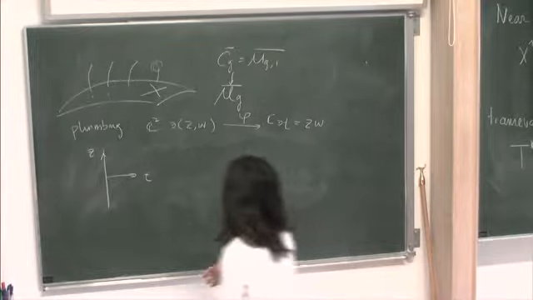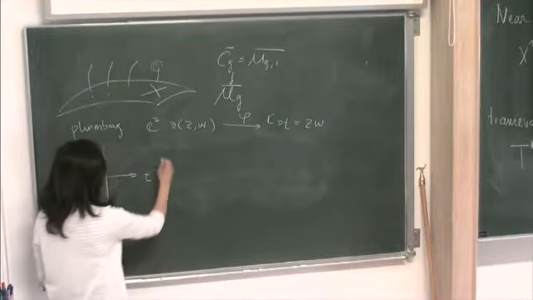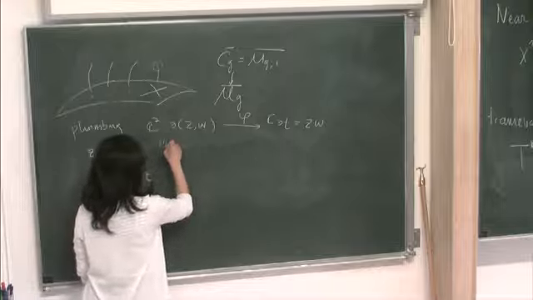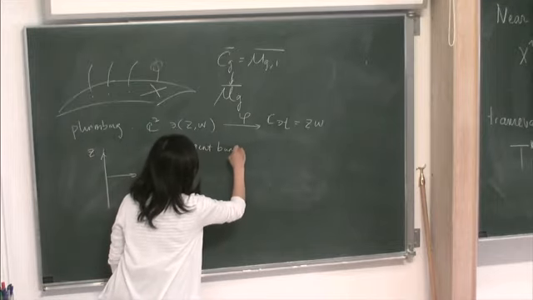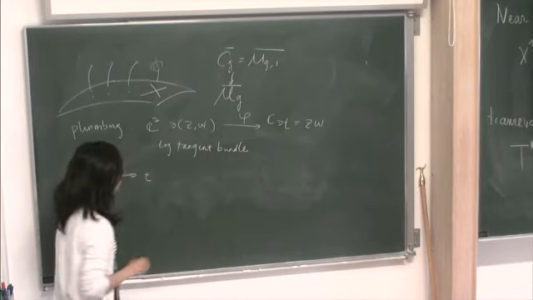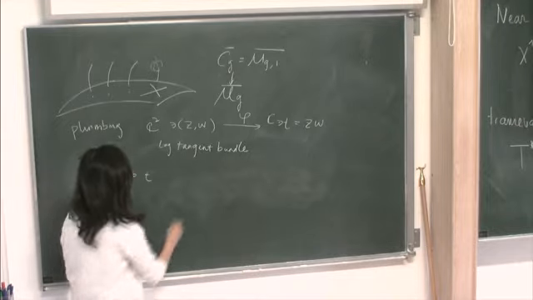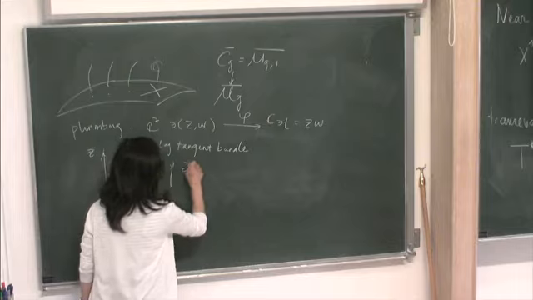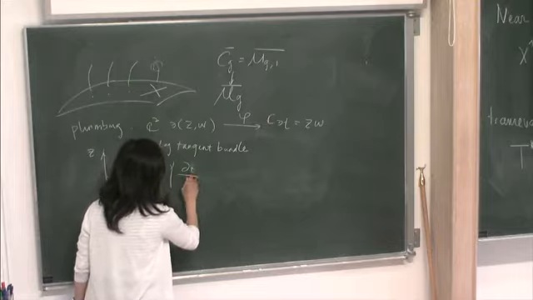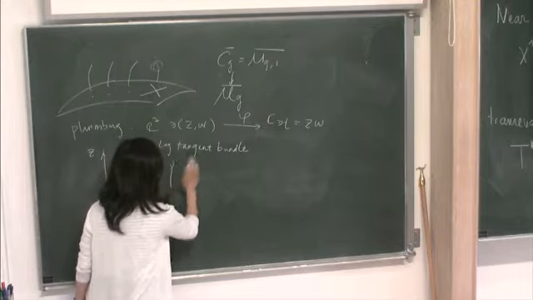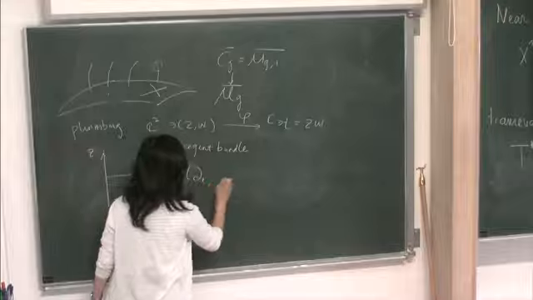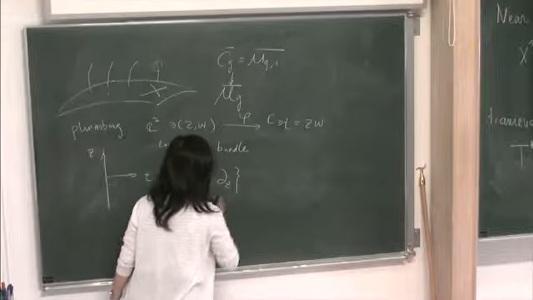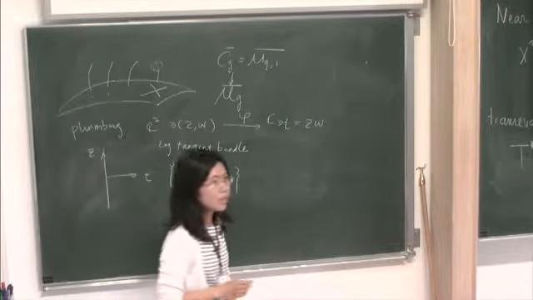Locally, it is spanned by t d/dt and the other d/dz. This is the log tangent bundle.